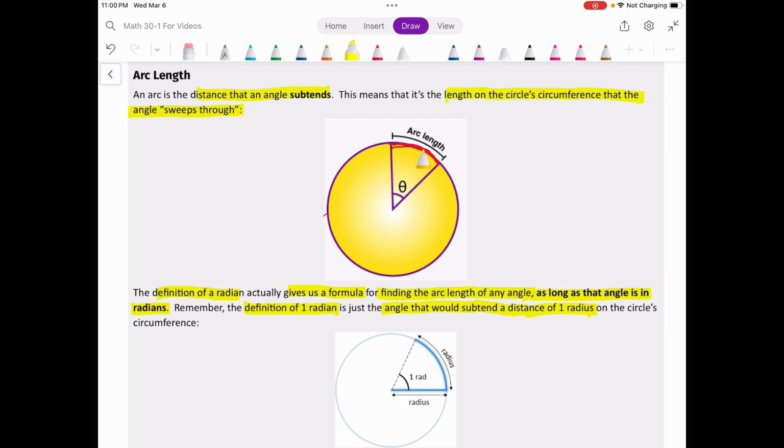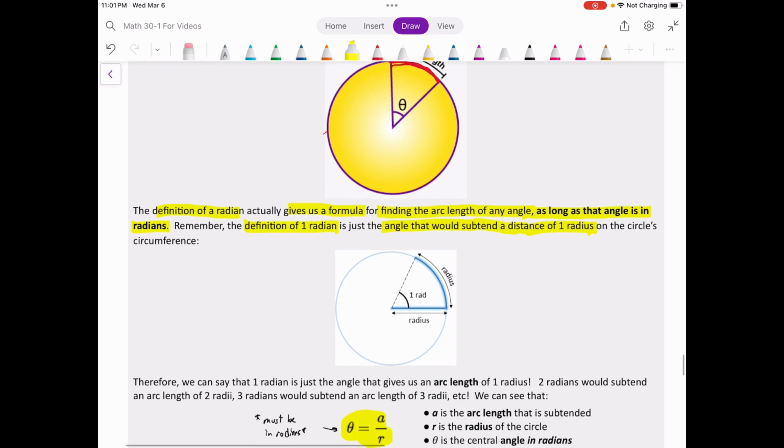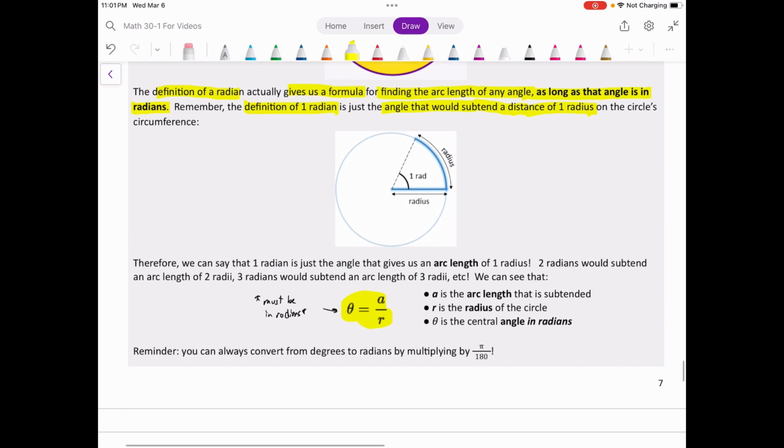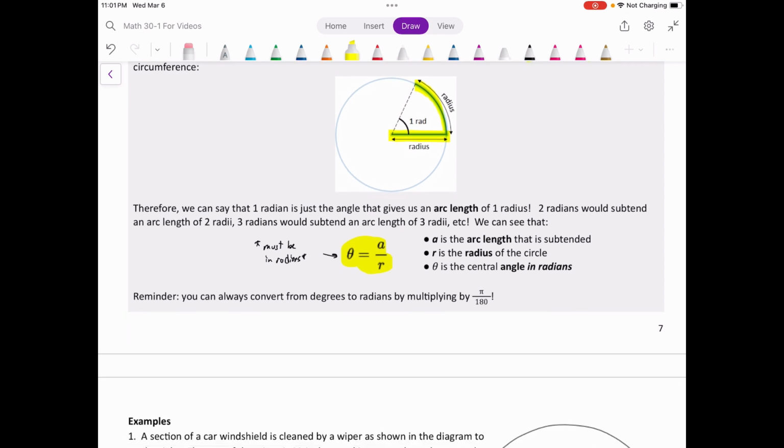This length here would be the same as this length here. We can actually tell that this angle is probably a little less than a radian because this arc doesn't look like it's quite as long as this radius here, even if you were to straighten it out, okay? So again, there's a radian because this is the same length as the radius. So think about that.